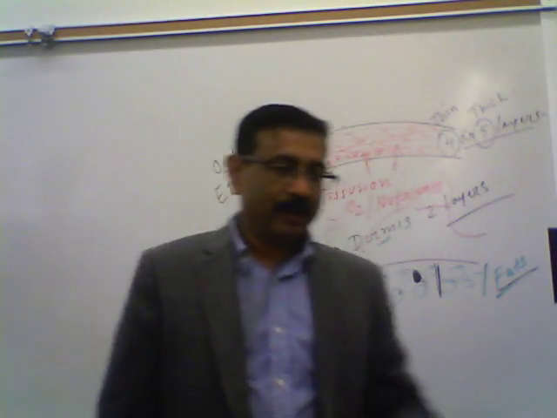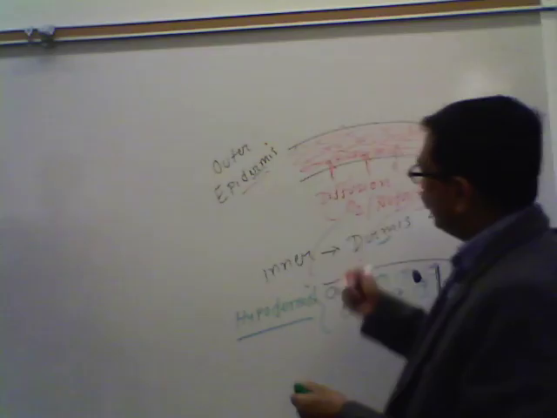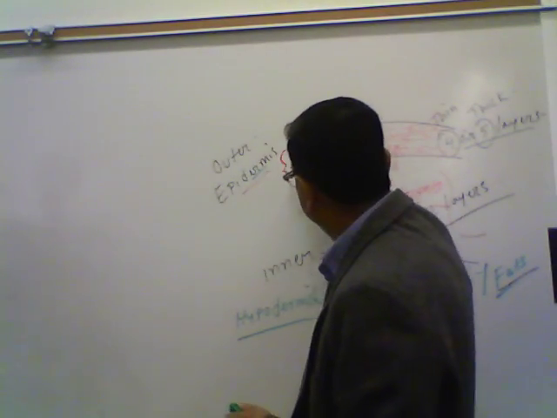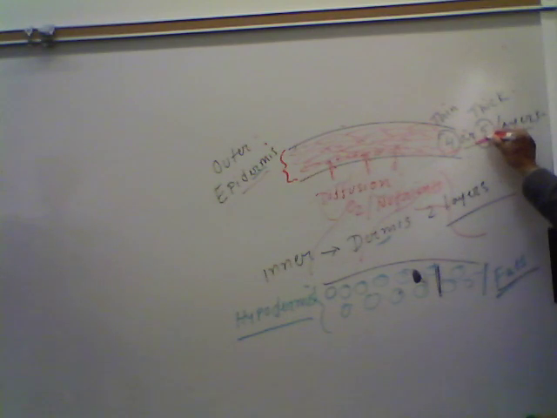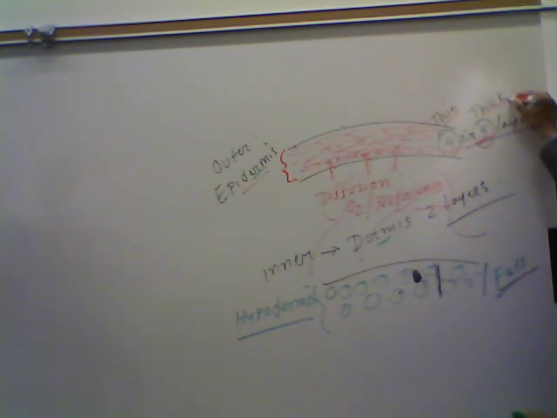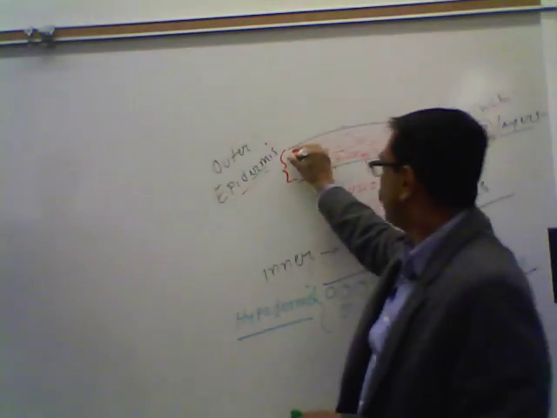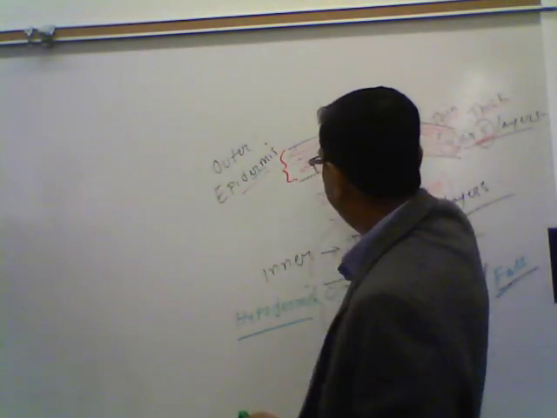Now, we will talk about the epidermis, the outer layer. You know that it has 4 or 5 layers. In thin skin, you have 4, thick skin, you have 5. So, what are those layers in the epidermis? We'll see that, okay?